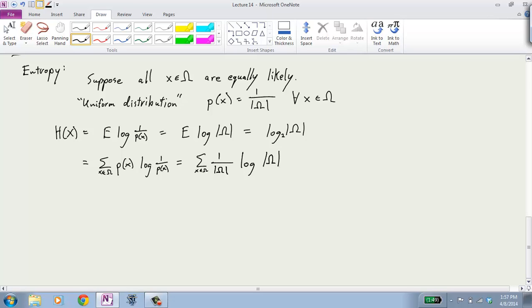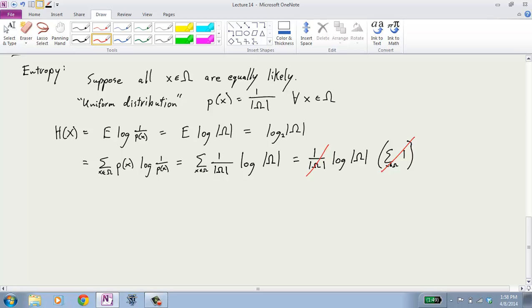Now it's a sum over x's, but there's no x in the formula, so we can split it out: 1 over size of Omega, log of size of Omega, and this sum over all x's of 1. The sum just adds up to the size of Omega, and this cancels. So what we're saying is that if it's a uniform distribution, then the entropy is just the log base 2 of the size of that set.